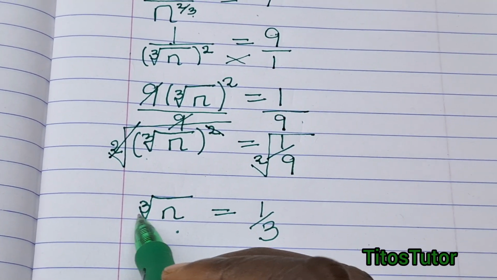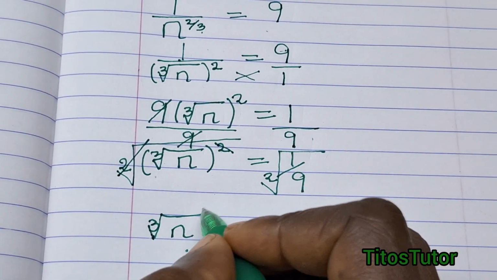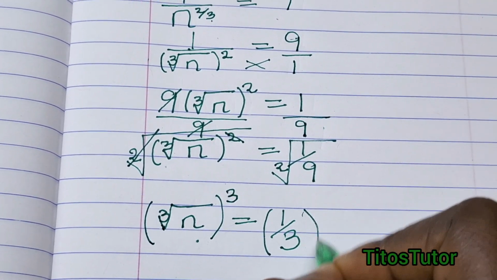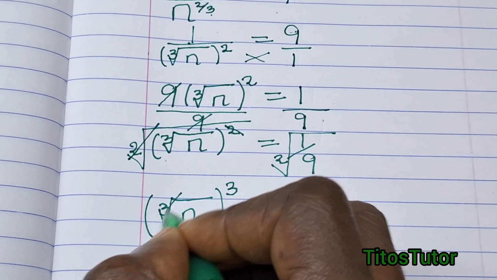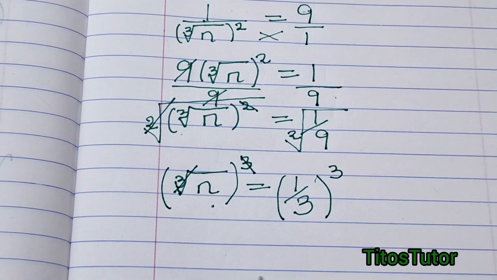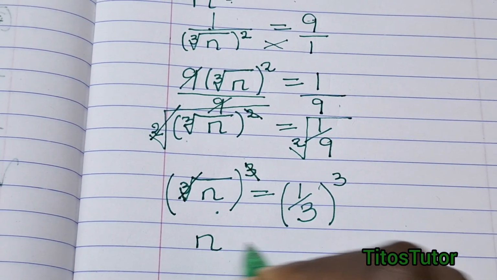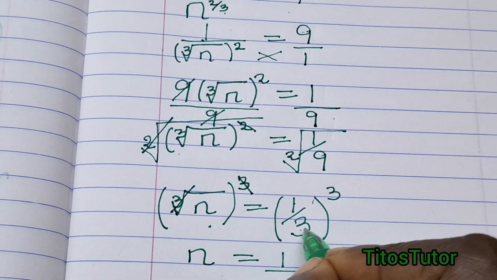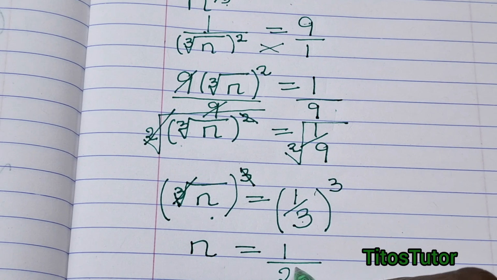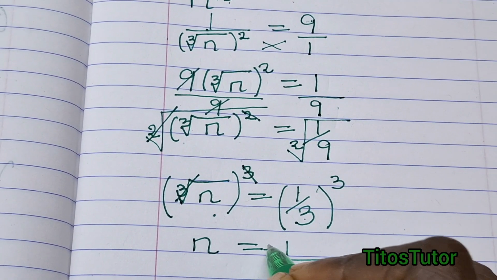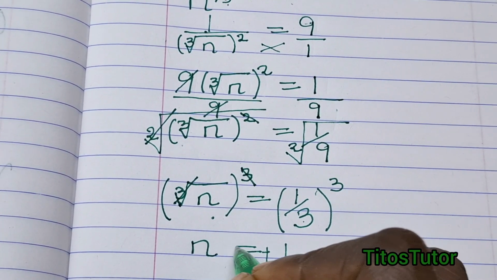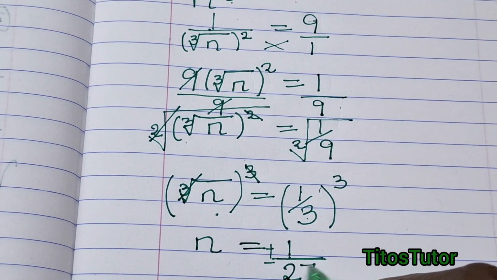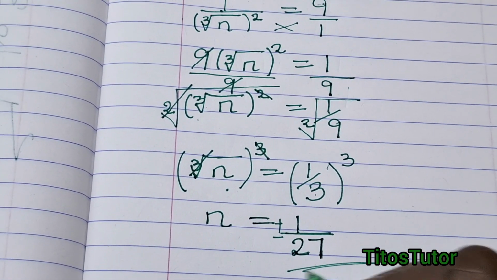So now to get rid of this cube root, I'm going to cube this and cube this. Cube root cancels cube. My n is finally on its own. 1 times 1 times 1 is 1. 3 times 3 times 3 is 27. Plus or minus because of the square root. Final answer, plus or minus 1 over 27.